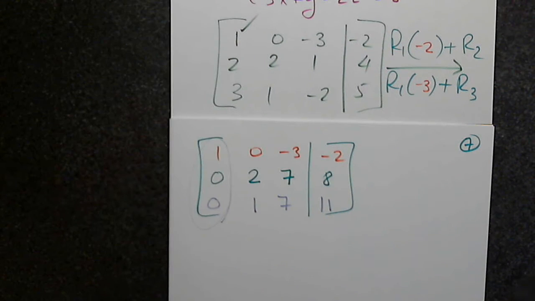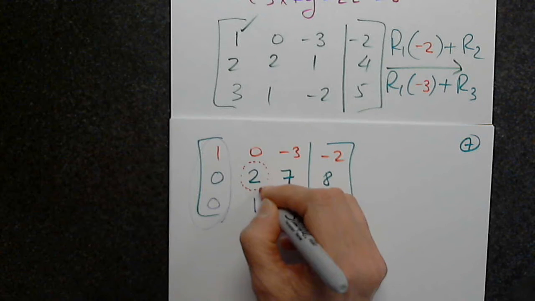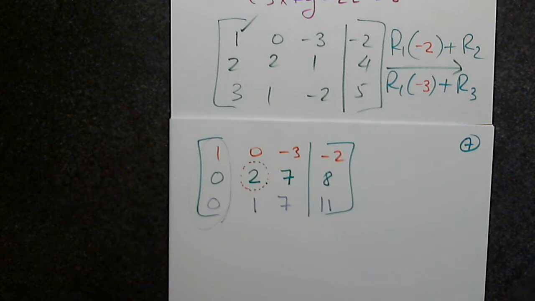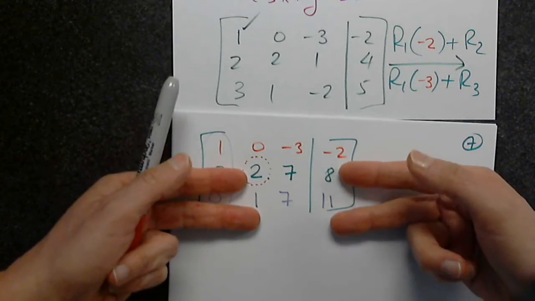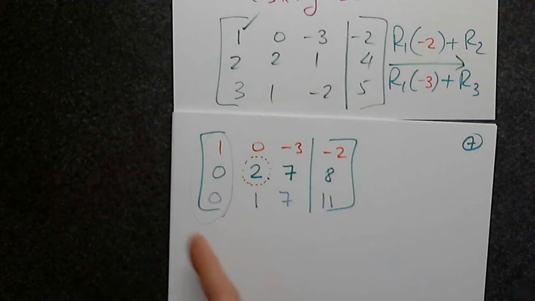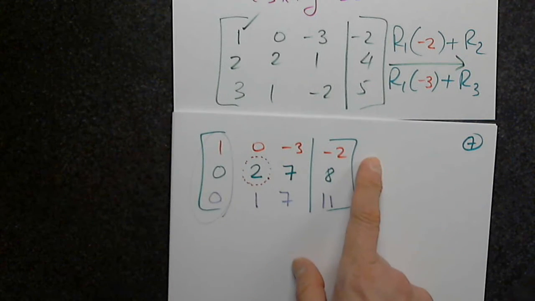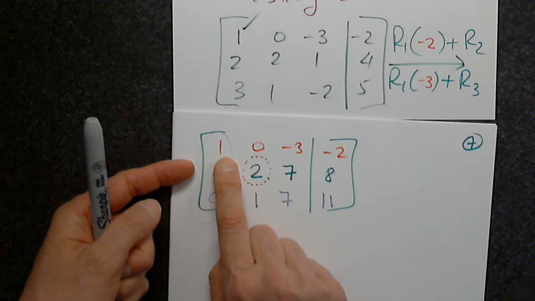Good. Where is my target now? Yes, right here. And what do I want in here? A 1. Is there an easier way of getting a 1 in there? Yes, swapping the second row with the third. However, I cannot touch the first one because if I swap the first one, I will no longer have the 1 up here.